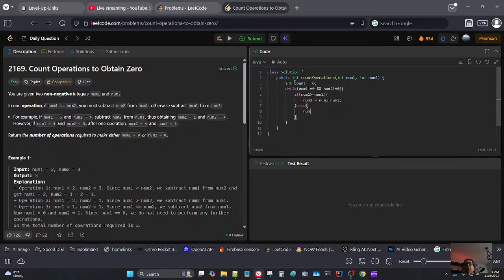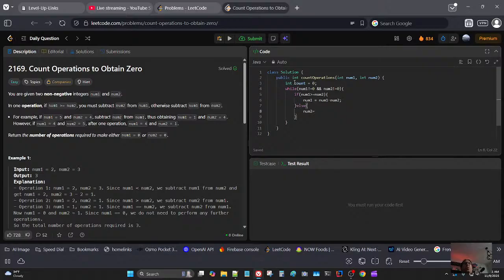Num2 is the alternative situation. So num2 is greater than num1 if it goes here, because otherwise it would be in the other part of the loop there.